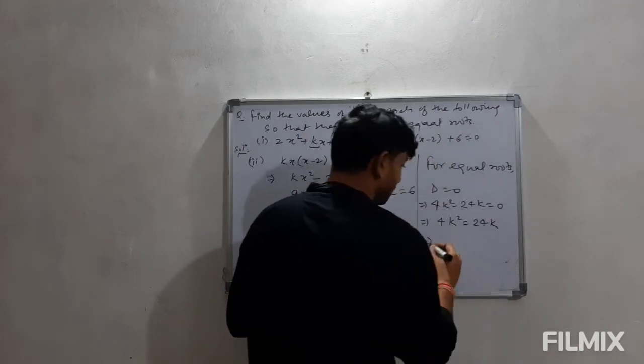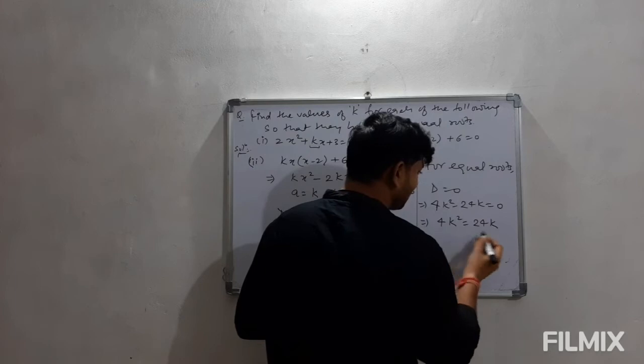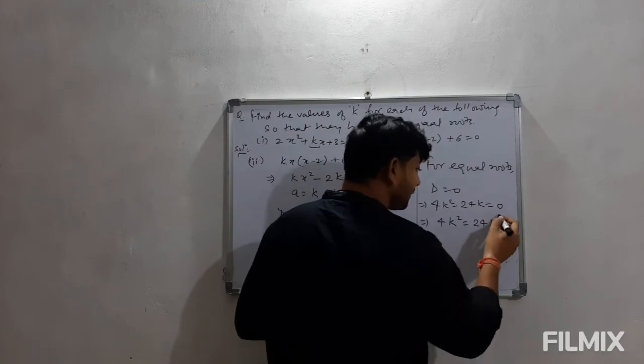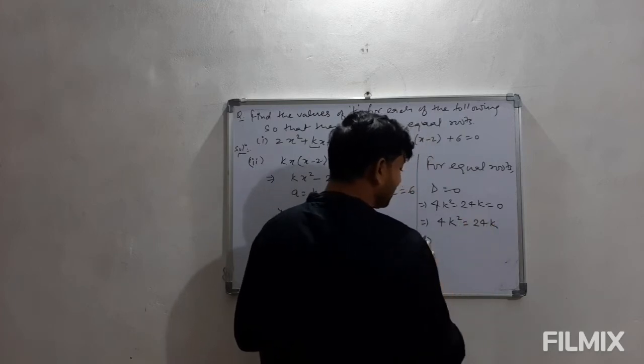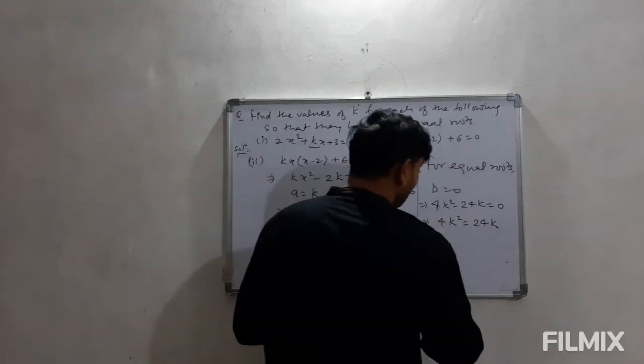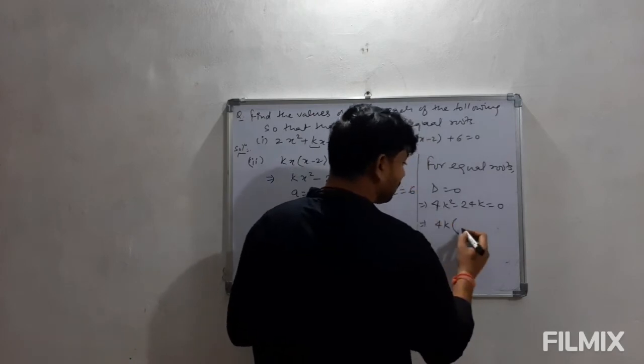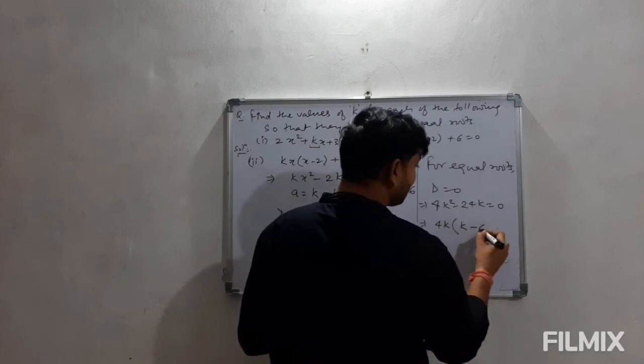So from here, you may try to divide it, but this can only be done when k is not equal to 0. So here, instead of taking it to the other side, we can factorize this. If we take 4k common here, what we will get? k minus 6.